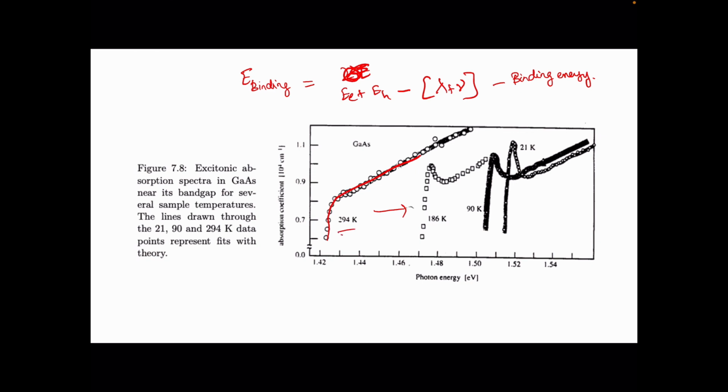So at room temperature, you typically do not have any signatures of excitons. As you go lower and lower in temperature, let's say at about 21 Kelvin, the thermal energy is much smaller than the exciton binding energy, and you will have a strong exciton peak under these situations, right?